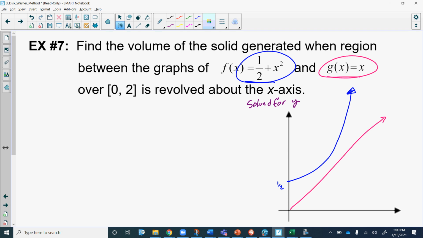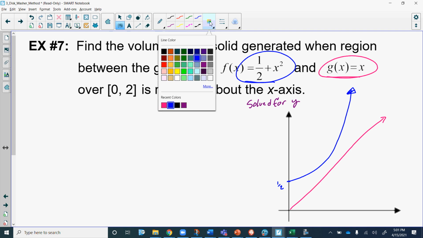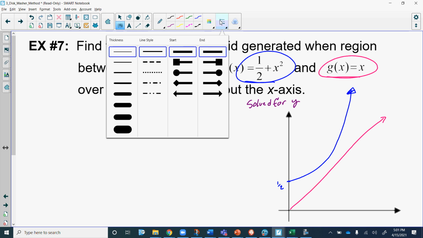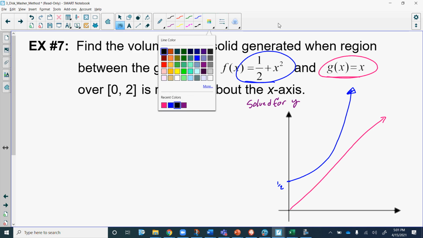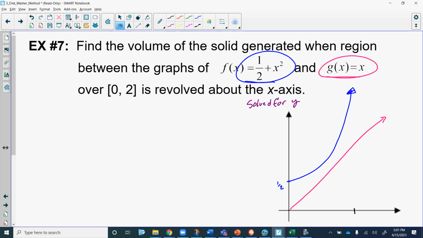And so the region, they're giving us our interval from 0 to 2. I probably could have extended my parabola out a little bit more, but let's just say, for the sake of simplicity, that this is where x is 2.